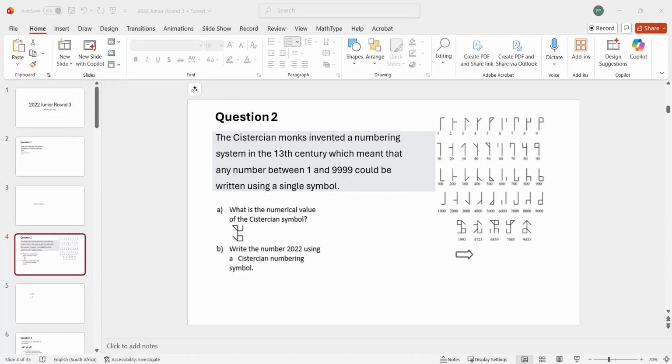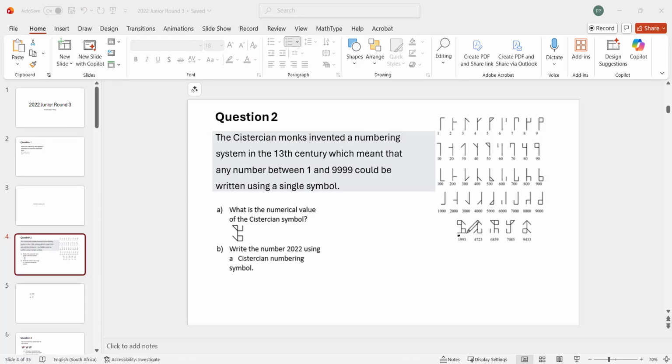And then you can make numbers like this one here, which is 1,993. Let's see why that is so. You see this line here, this line is the 1,000. And the bottom ones are the thousands and the hundreds.